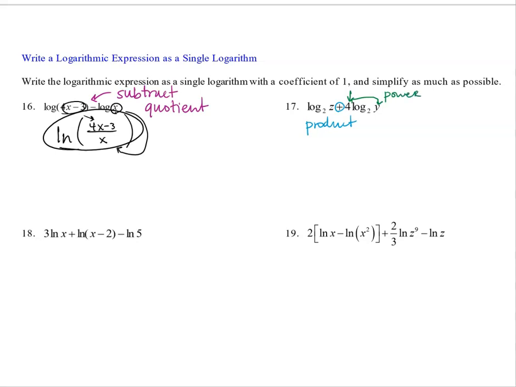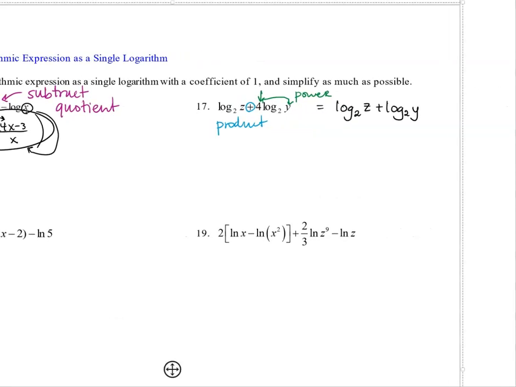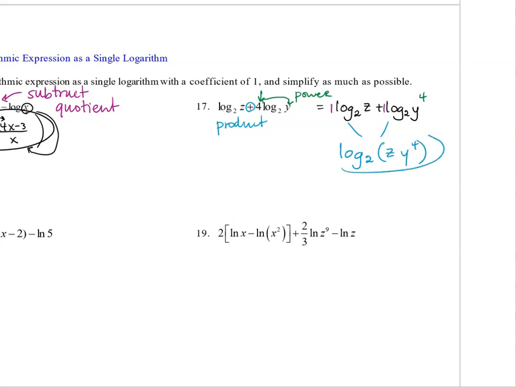So after we use the power rule, we're left with log base 2 of z plus log base 2 of y to the 4th. And that's good because now that both of these logarithms have coefficients of 1, we're able to use the product rule to write one logarithm where we multiply the two things that were inside the old logarithms.